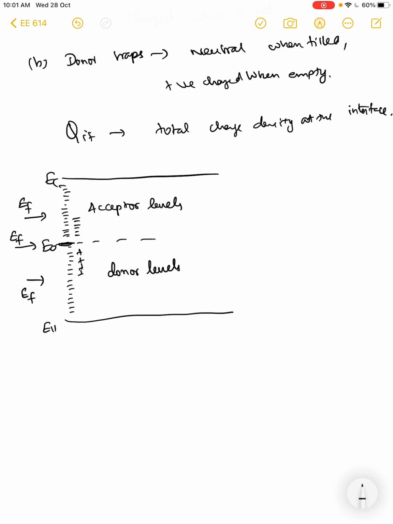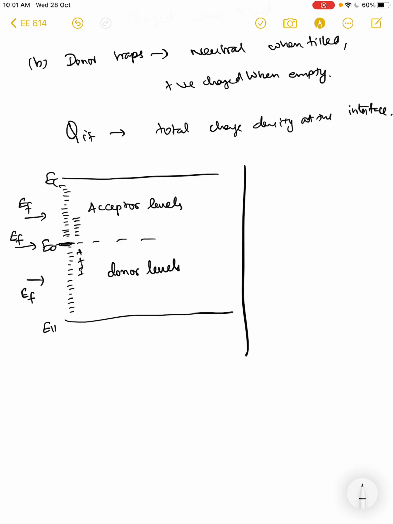This kind of gives you a feel that you have donor levels below E naught, and acceptor levels above E naught, right? It's an approximation. It is definitely not true, but it is just used for our simplified understanding, right?